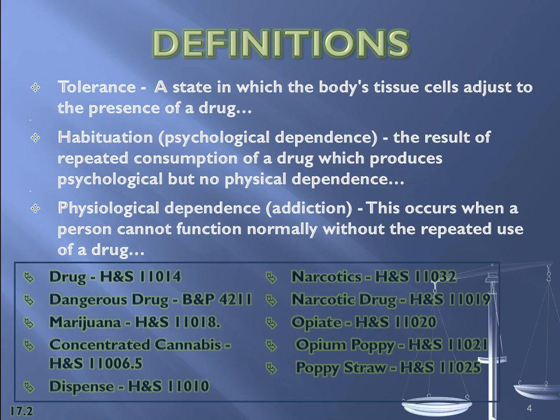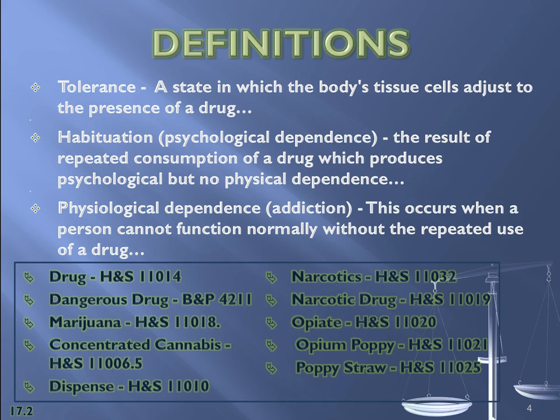Hence, increasing larger doses are necessary to produce desired effects. So when you hear these definitions and we go through these, start thinking of times when you've seen people, or watched TV or movies or different documentaries, on those that might be hooked on drugs, and see how you can apply some of these definitions to maybe some of the things that you've seen.